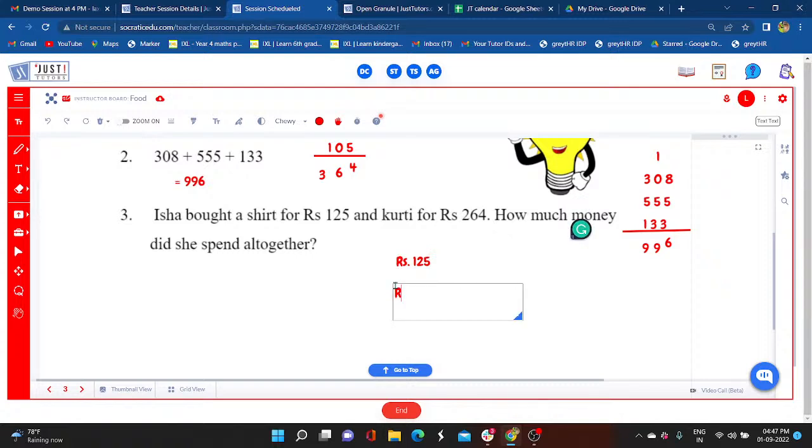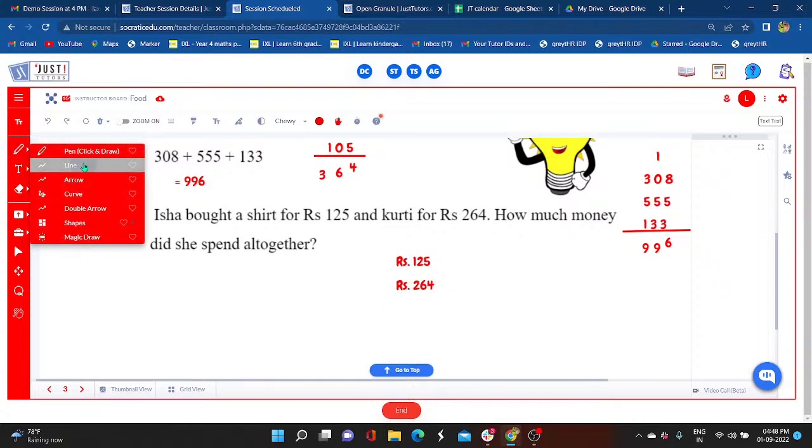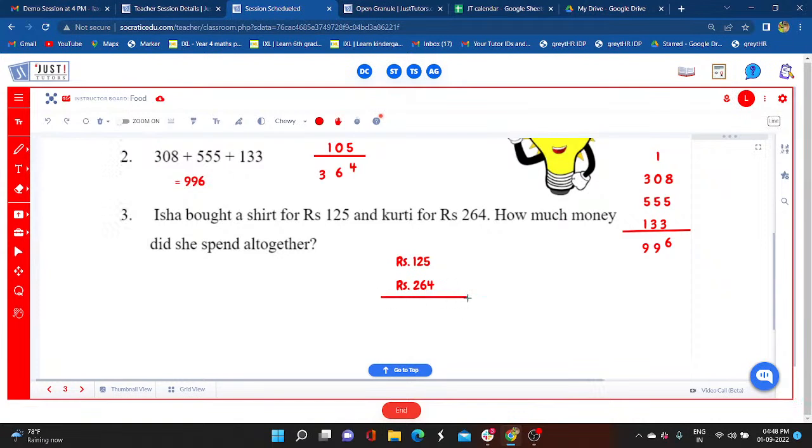Rupees 264. I would try adding the two numbers. Our answer that we get is also in rupees, okay?